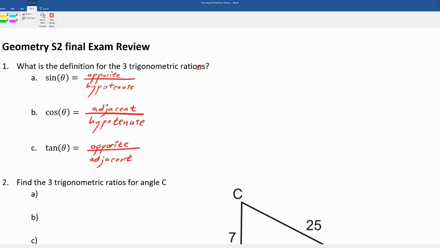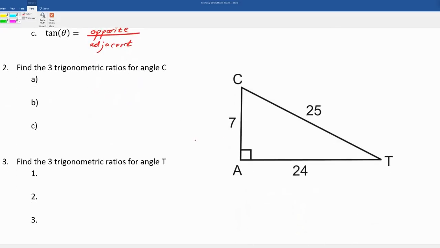All right, so let's go ahead and see these trigonometric ratios in action. Number two, find three trigonometric ratios for angle C. Our reference angle is C, so let's start with sine of C. Remember, sine is the opposite over the hypotenuse, right?